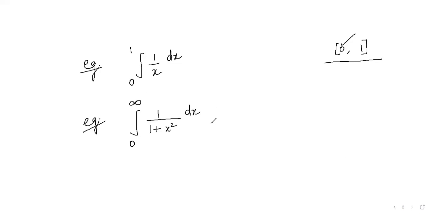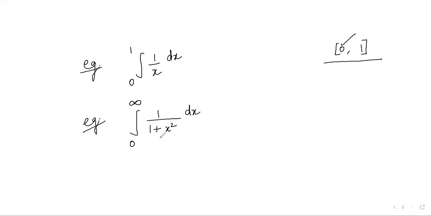Now, when we solve or evaluate these improper integrals, they may exist or they may not exist. If we can evaluate the improper integral, we call that particular integral convergent.